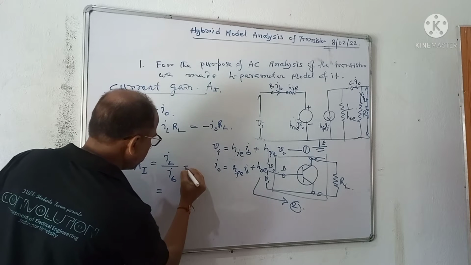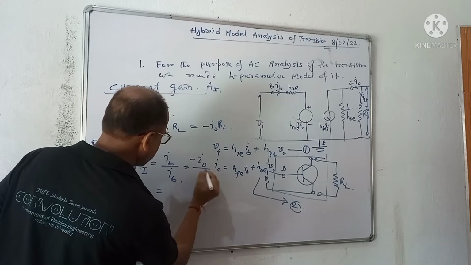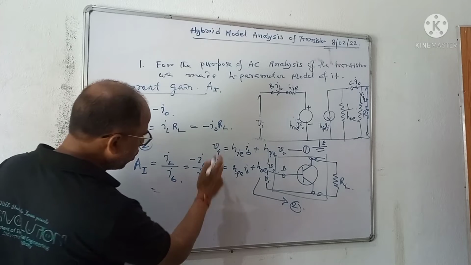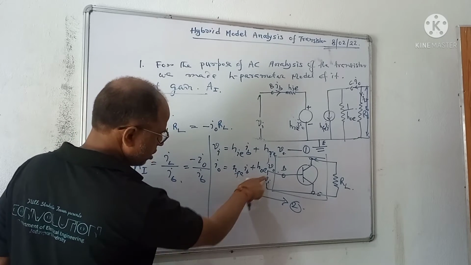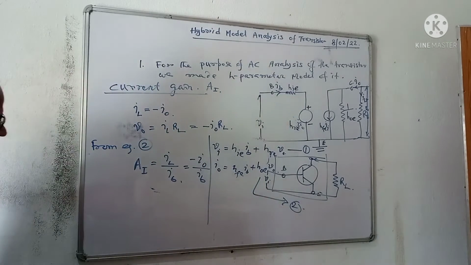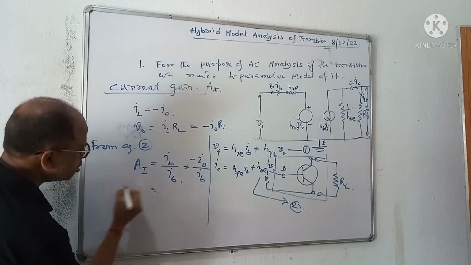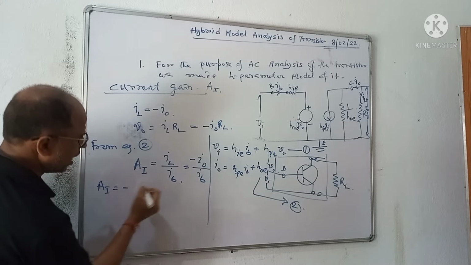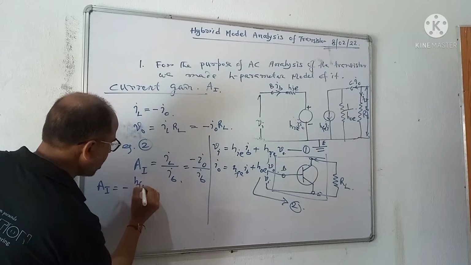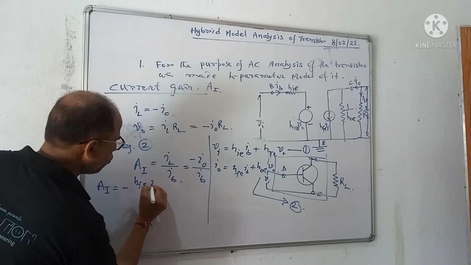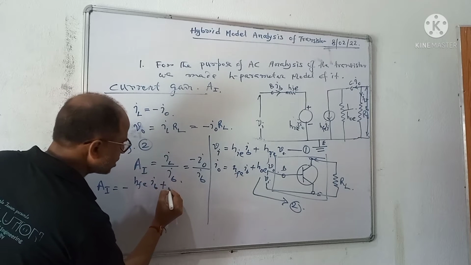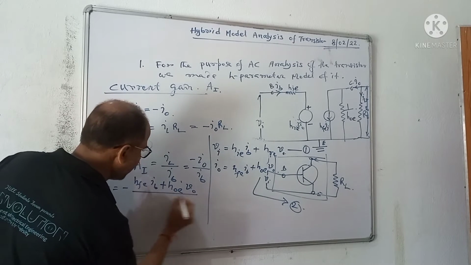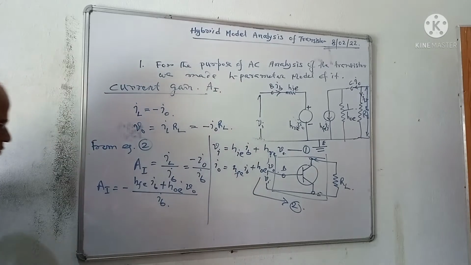This is equal to minus I0 by IB. Now, from equation 2, using equation 2, we get AI equal to minus HFE into IB plus HOE into V0 by IB.